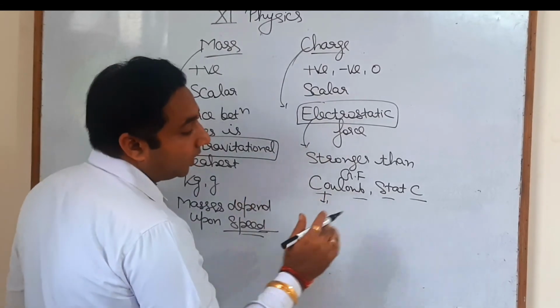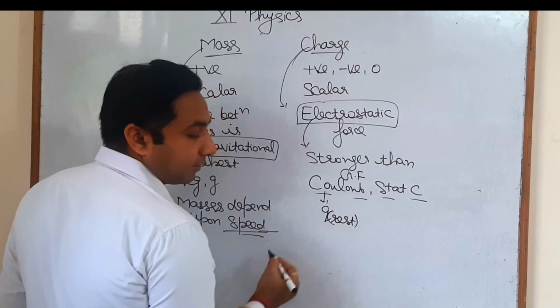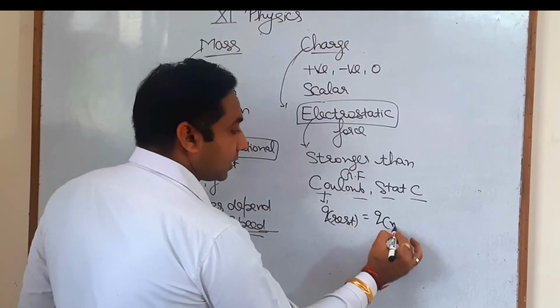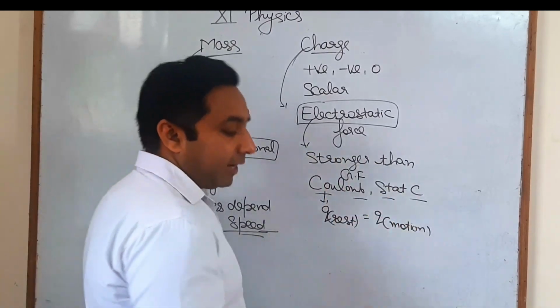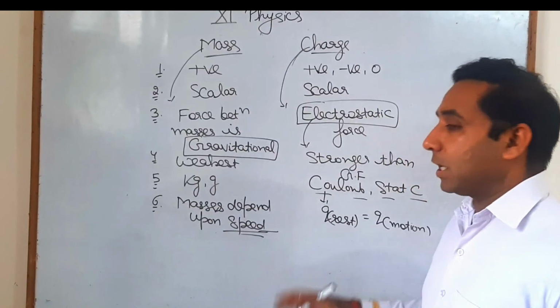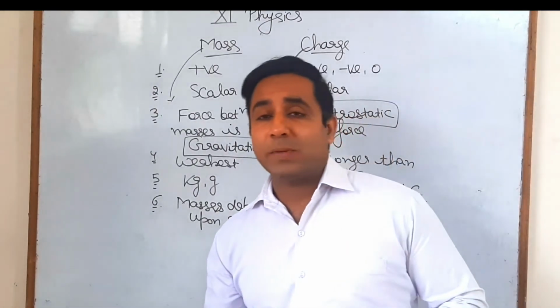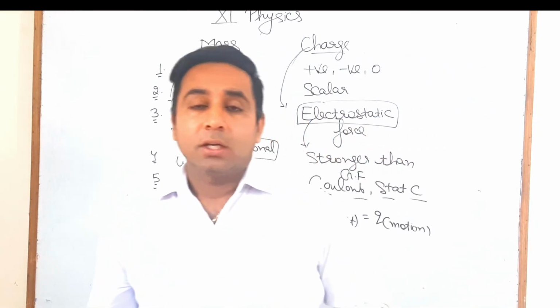Invariant means they do not depend upon the speed. I'm writing here, check it out: charges at rest is equal to charges in motion. Means when the charge is at rest, it will have the same value as when the charge is in motion. That's why we can say that charges are invariant with speed; there is no change in the magnitude of the charge due to its speed.